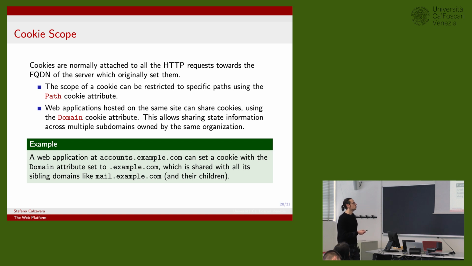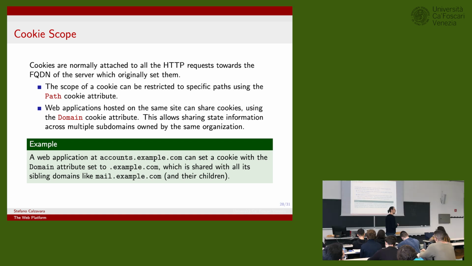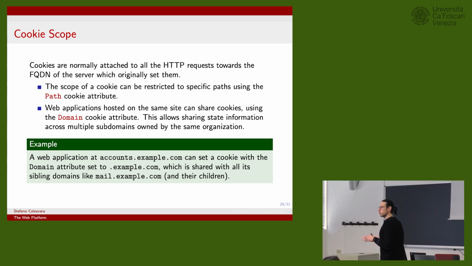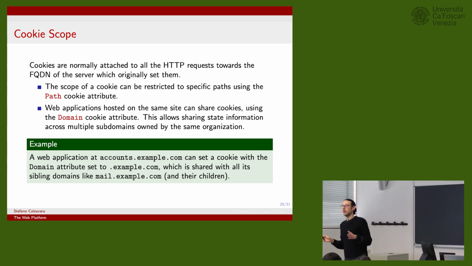However, you can control somehow the scope of the cookie. We have a path attribute of the cookie. So the cookie can have an additional keyword, which is path, which tells to which path the cookie must be attached. And you also have a domain attribute, which allows sharing with subdomains of the domain which set the cookie.